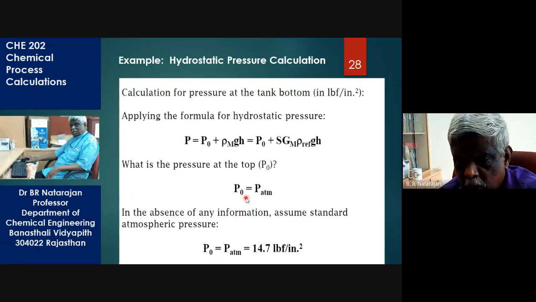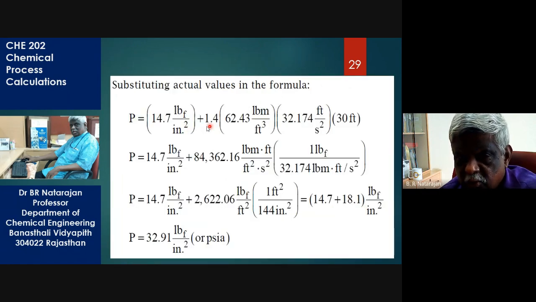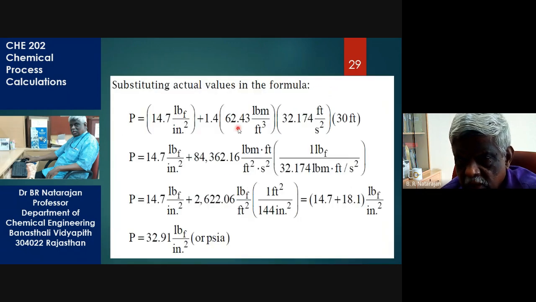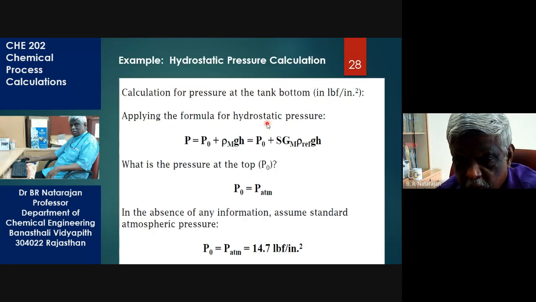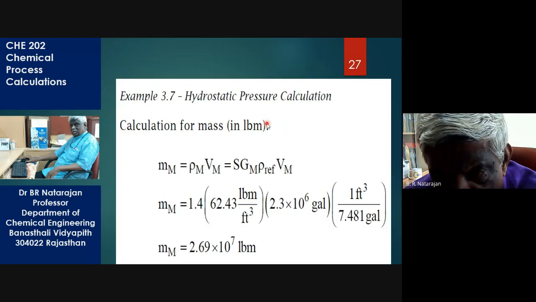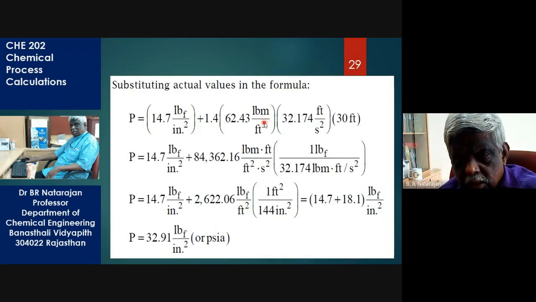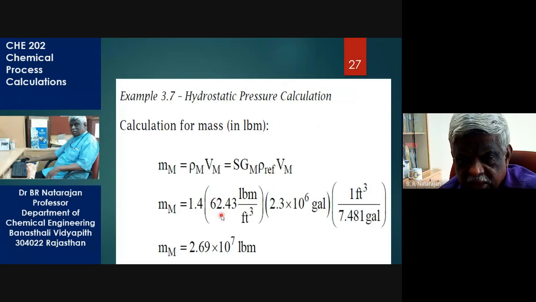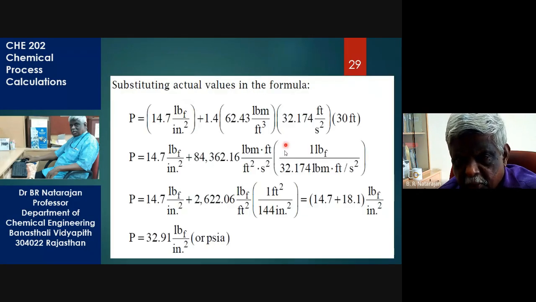P is 14.7, that is P0, plus rho g h, where rho is 1.4 into 62.43, yeah, specific gravity into density of reference 62.43, and acceleration due to gravity is 32.174 and h.